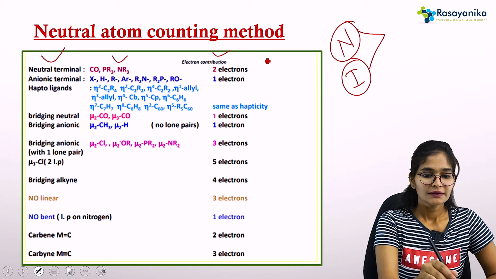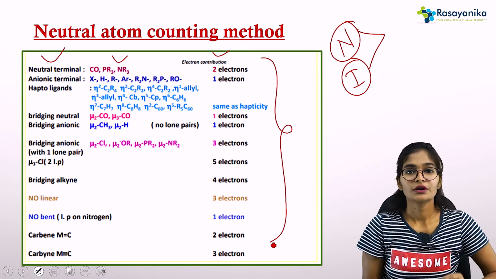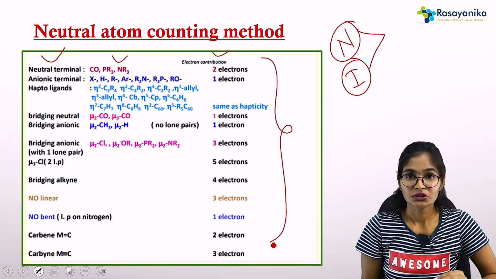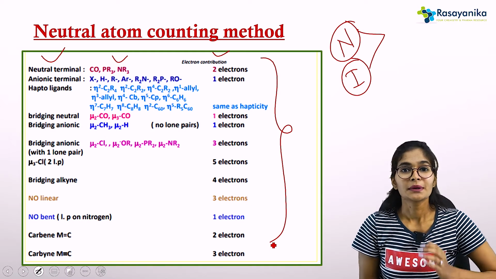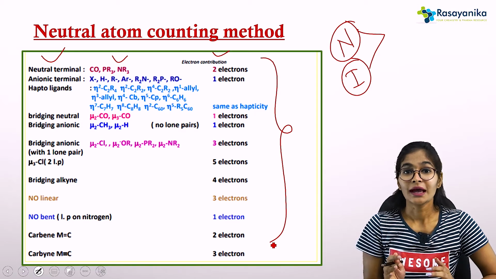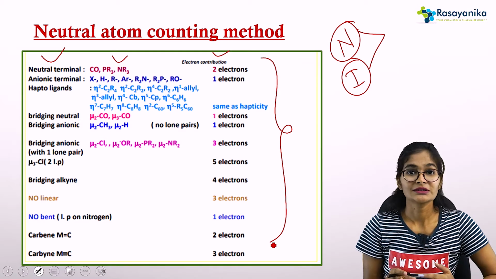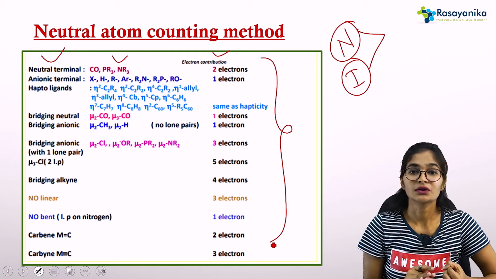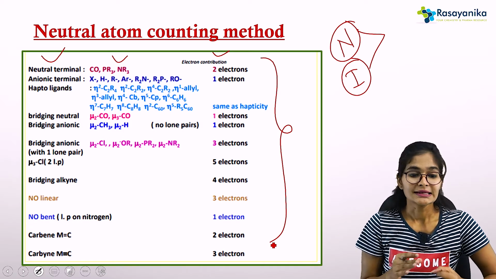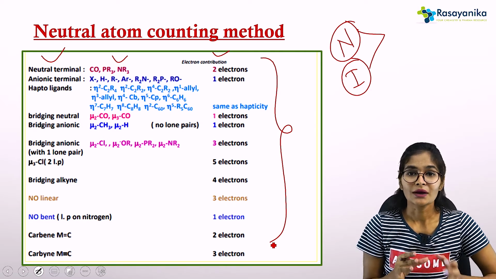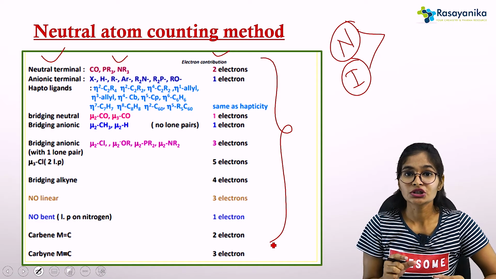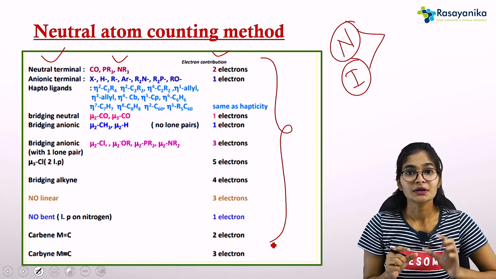The table mentions the electron contribution of each ligand with respect to its terminal and bridging position. With organometallic compounds, sometimes you will have dinuclear clusters also, as in metal nitrosyls and metal carbonyls, like Fe3(CO)12 and Fe2(CO)9, right? In such compounds, you have to consider whether the ligands are at the terminal position or in the bridging position.